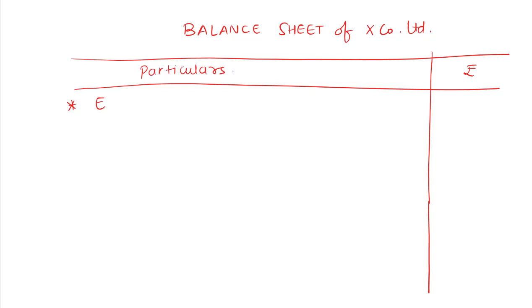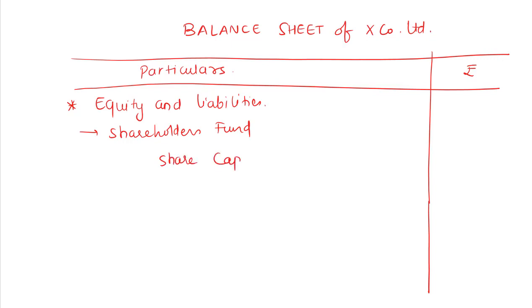First entry is equity and liabilities. Under this heading, shareholders' fund, share capital will be 9 lakhs, 4 lakh issued for land and building and 5 lakh issued to the general public. 9 lakhs total.